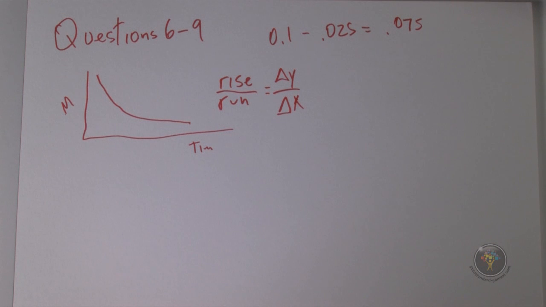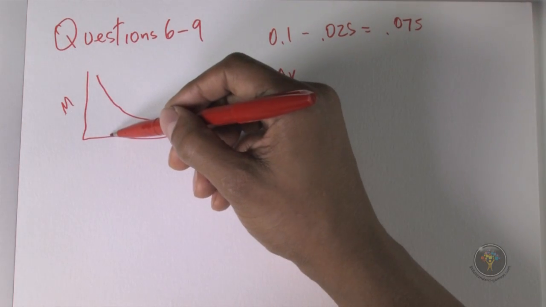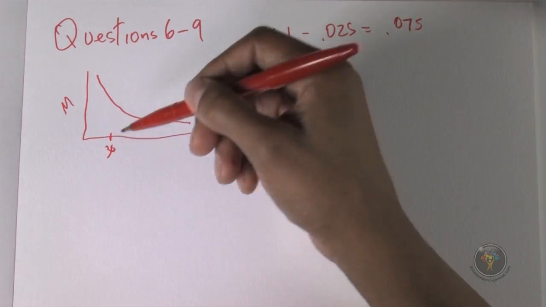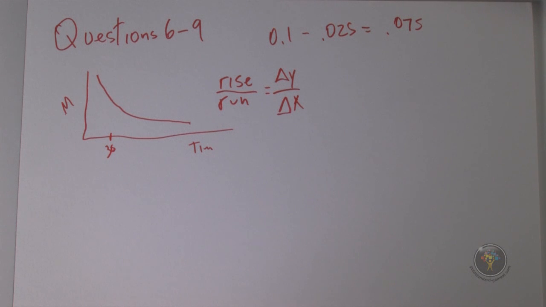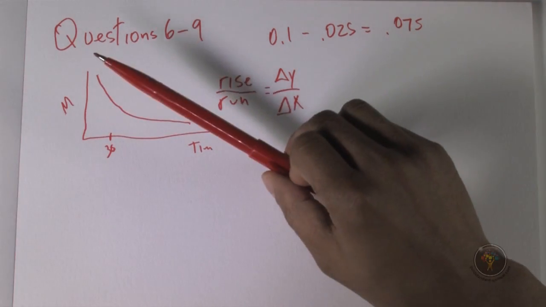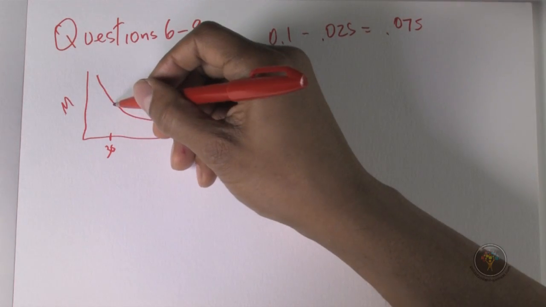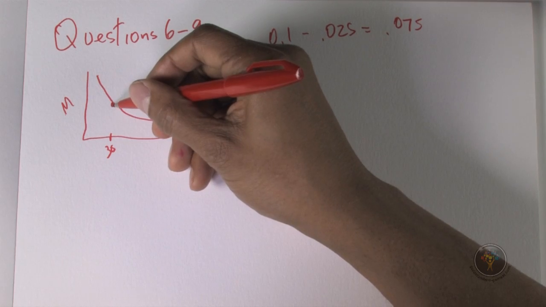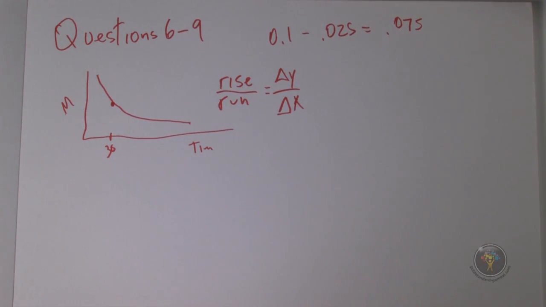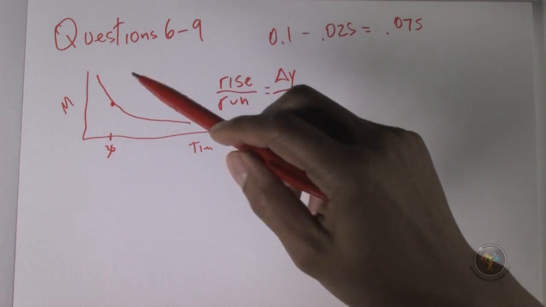Now, all we need to do is find the slope at the time that we're given, which is 30 minutes. You'll find that 30 minutes is somewhere here on your graph. So you need to find the slope at that point. It's pretty simple. Basically, all you're going to do, and you do this in the exam, is look at where 30 minutes intersects the line, and then use your pencil.